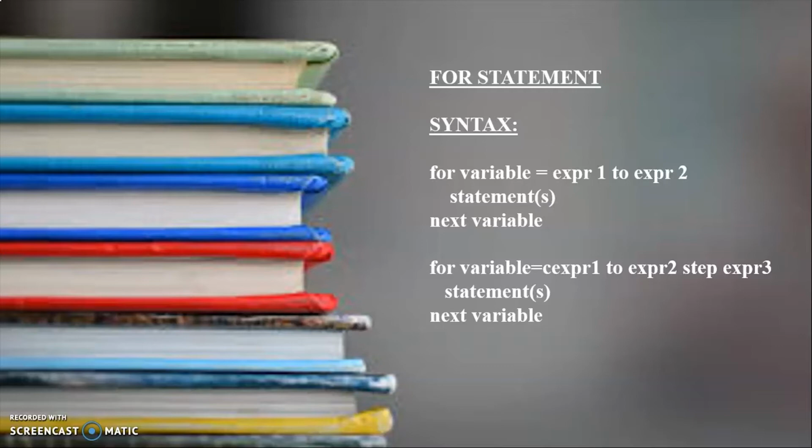The for statement executes a specific block of code a specified number of times. If you give a variable and a condition for that particular variable, that process is repeated until it satisfies the specific condition.